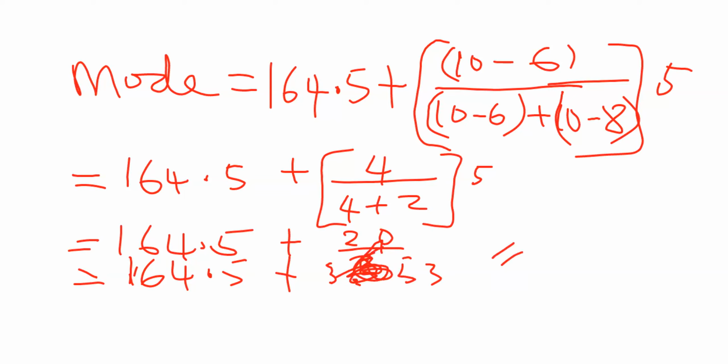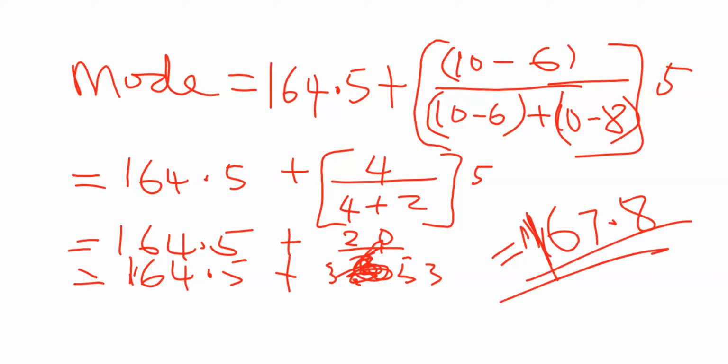So it will now be 167.8. That's the final answer. So that is how to find mode, median, and mean of a group data.